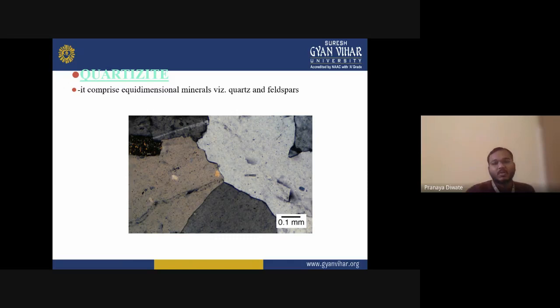Quartzite is a rock formed by quartz and feldspar minerals. You mostly find quartz and feldspar in sedimentary rock. Which rock is mostly formed by quartz and feldspar? Sandstone. So the sandstone may get converted to quartzite.